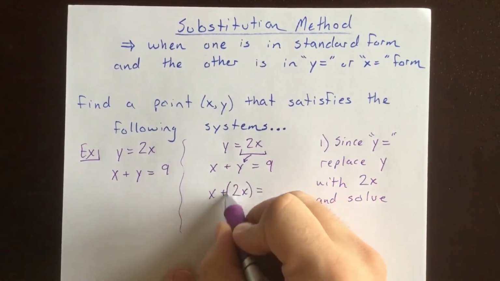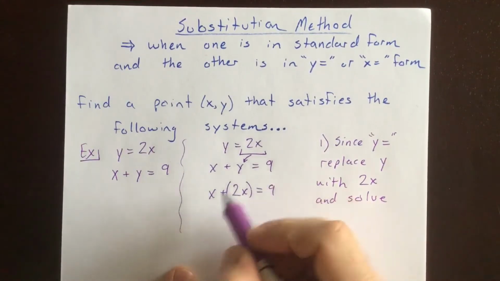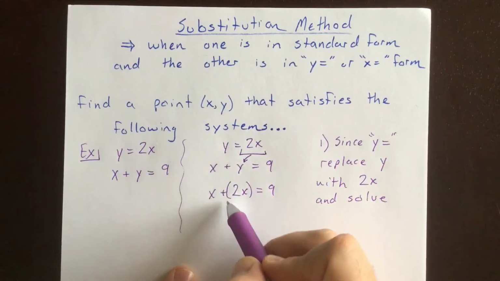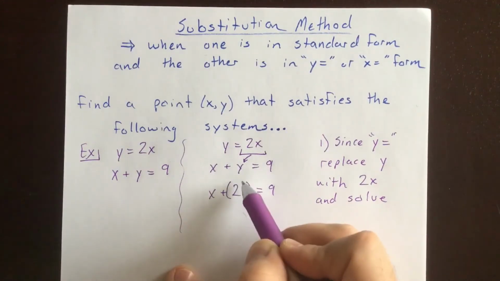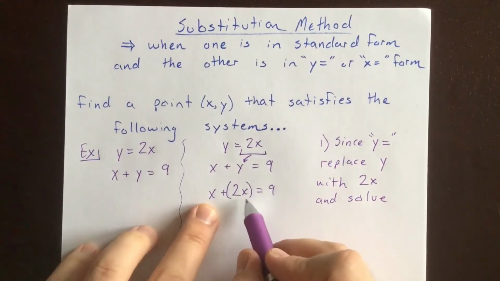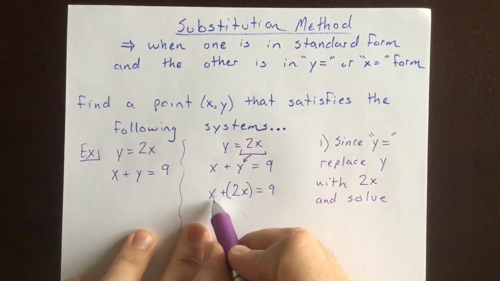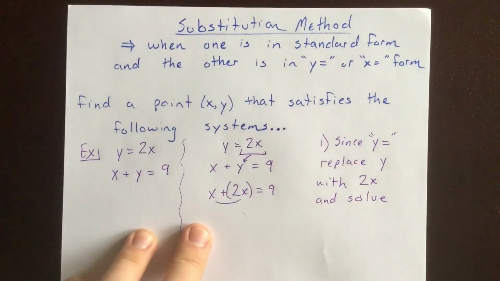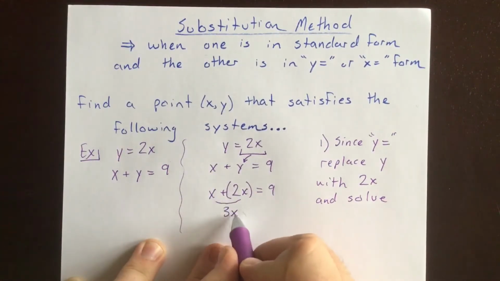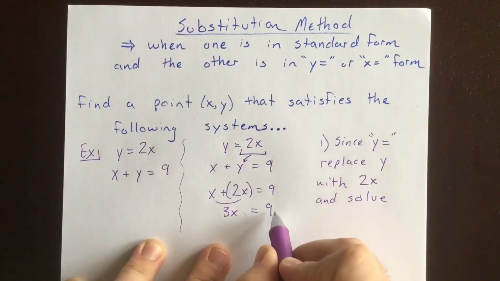So notice what I did there. And yes, I'm putting parentheses around it, just because if I had a number in front, I would need to multiply by that number. Now we just combine like terms. We have an x and 2x on the same side of the equation, so we combine them, and that's just 3x, and then our 9 drops down.